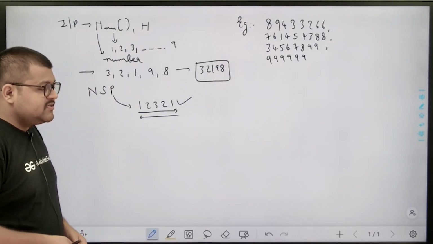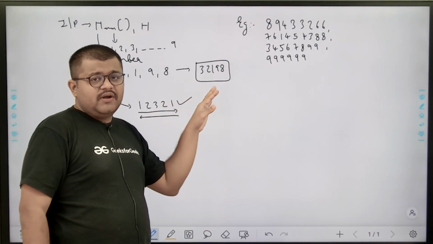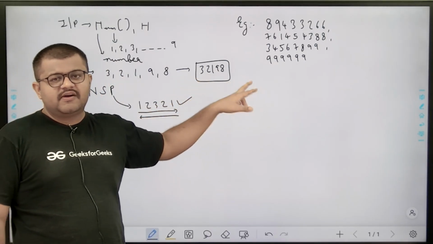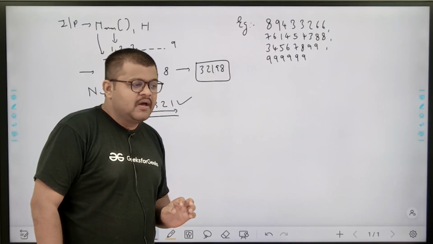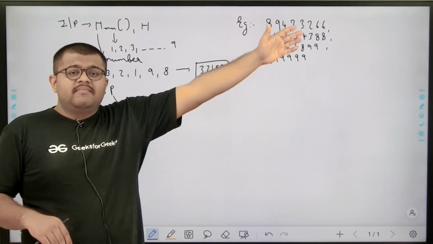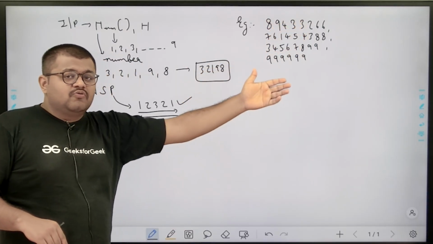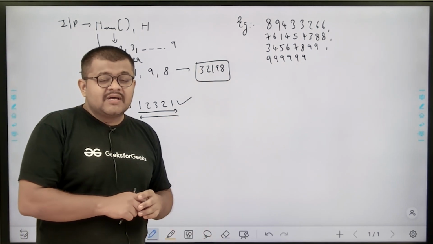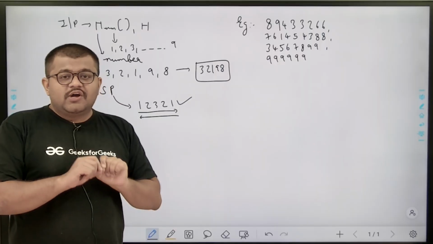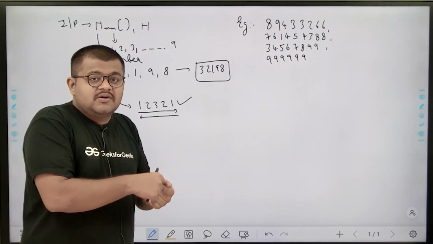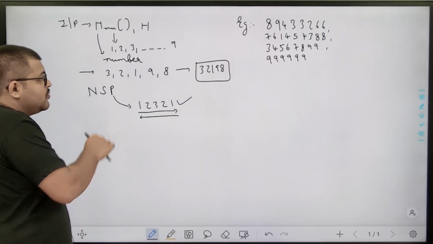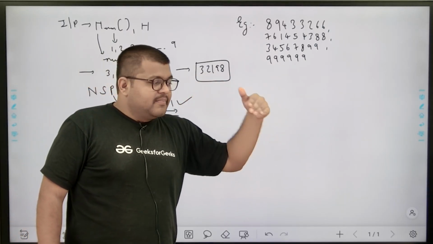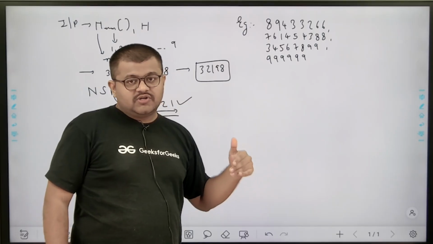Next smallest means, see, we need to return a palindrome which is strictly greater than 32,198 in case of this example. Now there are infinitely many possibilities. After 32,198 there are infinitely many palindrome numbers, but we need to return the one which is the smallest. So it should be larger than 32,198, but after that it should occur first on the number line.